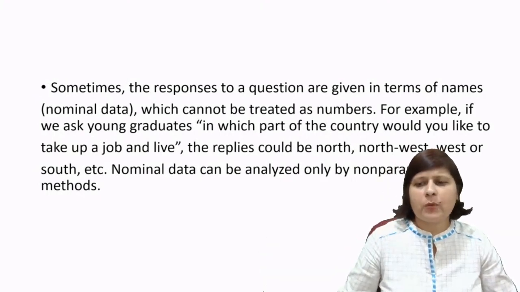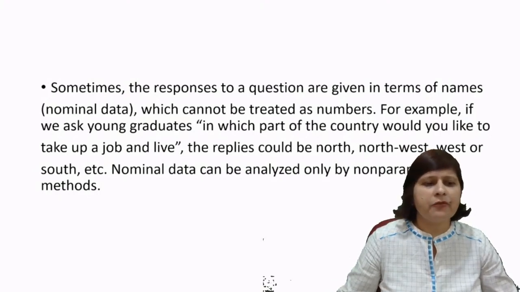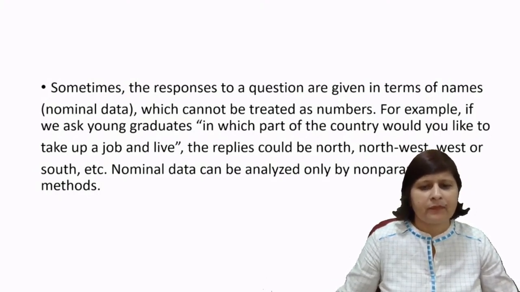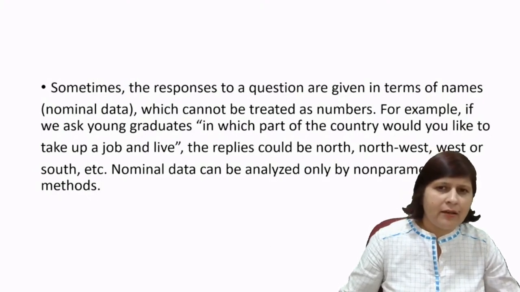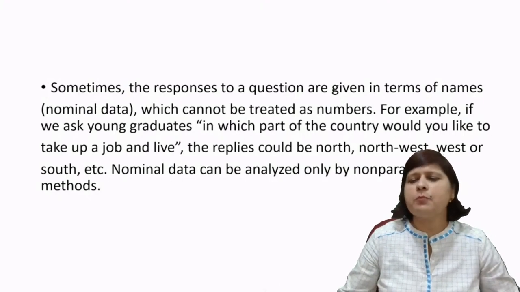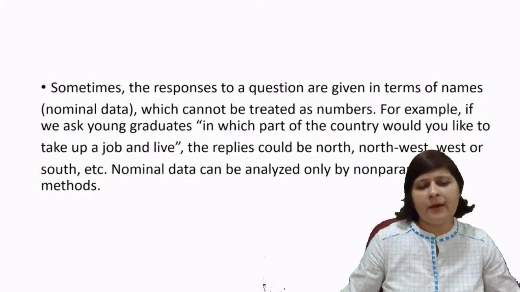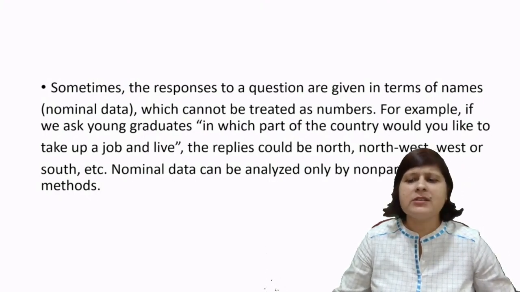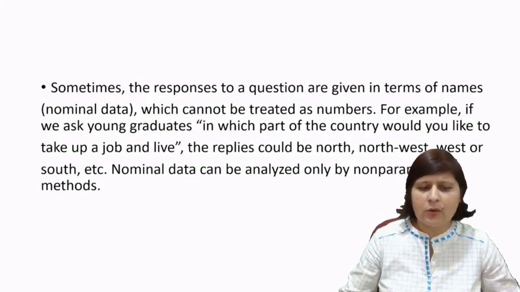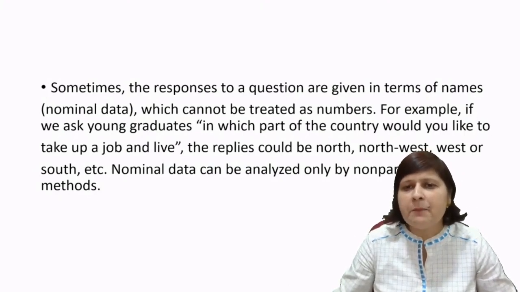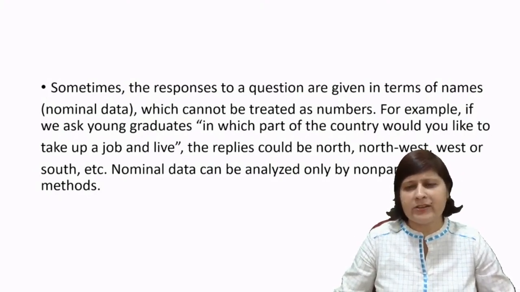Sometimes the responses to questions are given in terms of names, which cannot be treated as numbers. For example, if you ask a young graduate in which part of the country would you like to take up a job and live, your reply could be north, east, west, northwest, or south, etc. Nominal data can be analyzed only by a non-parametric test.